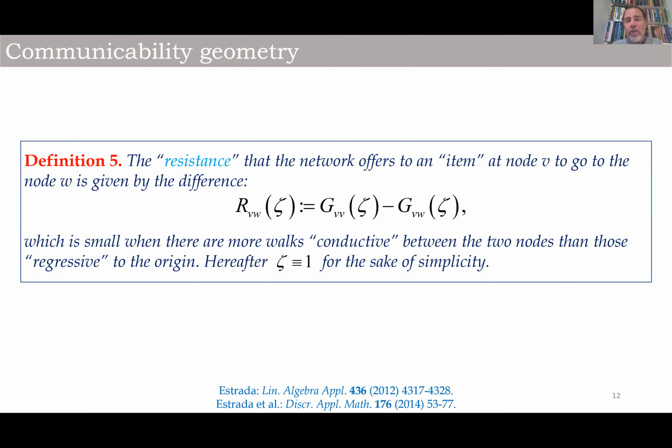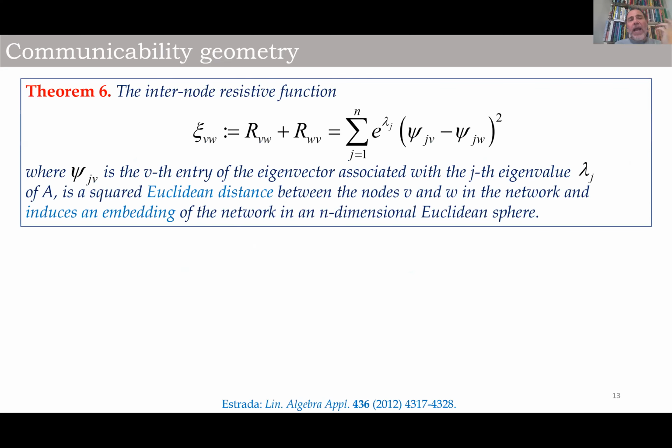Here I will put hereafter this zeta equal to 1 for the sake of simplicity. But now, of course, our network is undirected, so the same information which is transmitted from V to W is at the same time reciprocated by W to V. So we can take the sum of these two resistive terms.